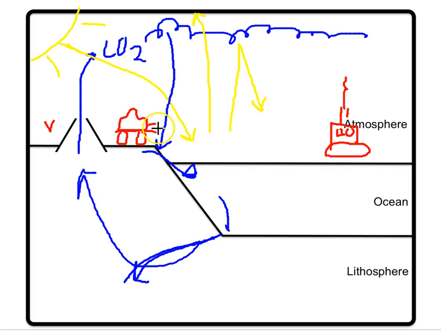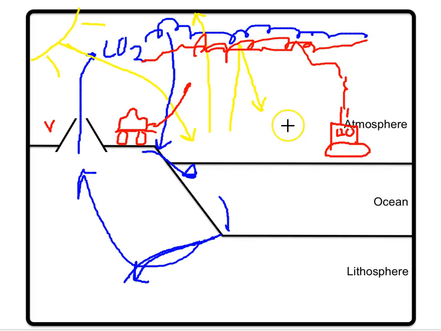So what's happening now is this car, which represents all the cars, is putting out CO2, and this power plant is putting out CO2, and it's not the same CO2. Scientists can distinguish between this non-radioactive type and the natural carbon that has some radioactivity in it.